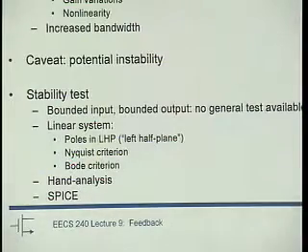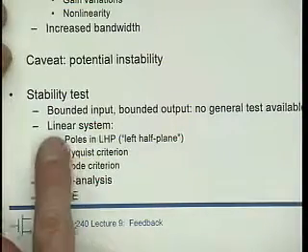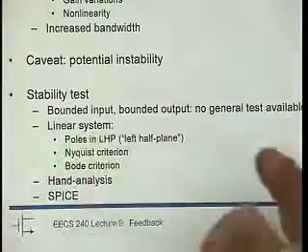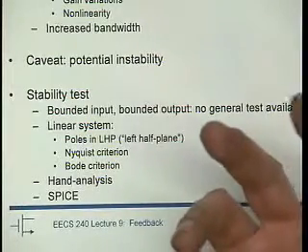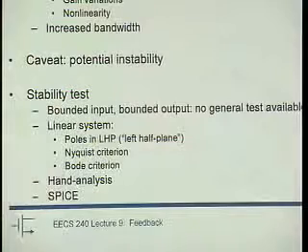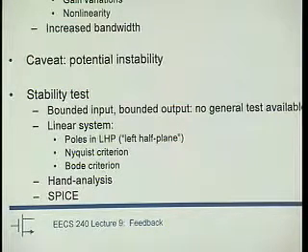So really this definition almost doesn't help. Linear system, well, that is a first gross approximation, right? We have this terribly nonlinear thing. We've seen that the transconductance varies all over the place, right, as a function of input bias. Right? So the first thing we do is linearize our circuit, and then we establish the stability of that. We're going to do that here also.